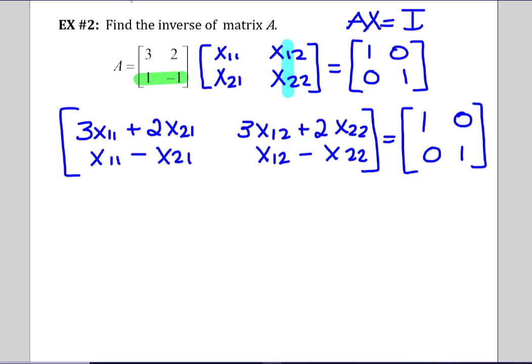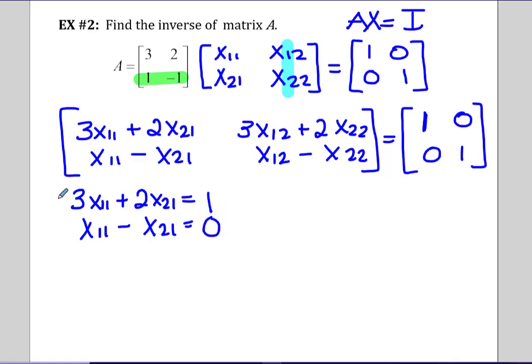Now, if you look carefully, you can see that we have a system of equations here. We've got 3x sub 11 plus 2x sub 21, and that has to be equal to 1. And we have x sub 11 minus x sub 21, and that has to be equal to 0.